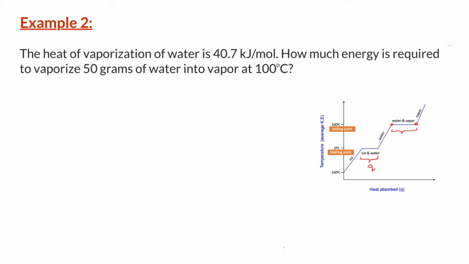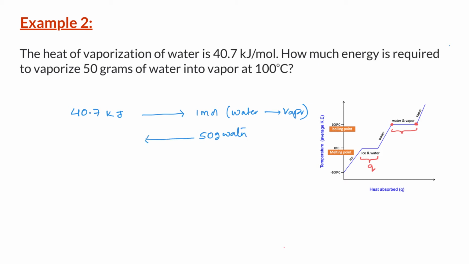According to the problem, the heat of vaporization of water is 40.7 kilojoules per mole, which means it costs 40.7 kilojoules of energy to convert 1 mole of water into vapor. And we have 50 grams of water that needs to be converted into vapor.